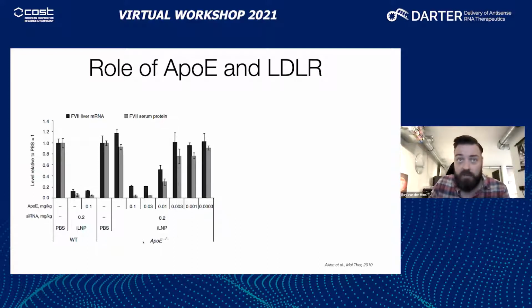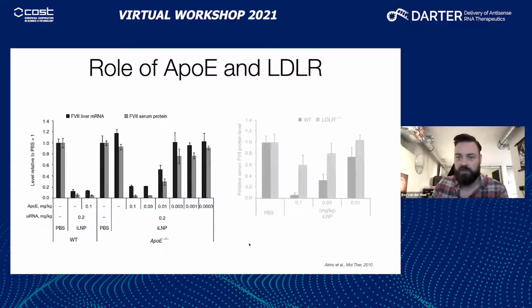In ApoE knockout mice, you do not see this effect. The effect is completely diminished in ApoE knockout mice. However, you can rescue that by supplying or adding ApoE to these lipid nanoparticles. So that shows that ApoE definitely plays a role in the efficacy of these particles.